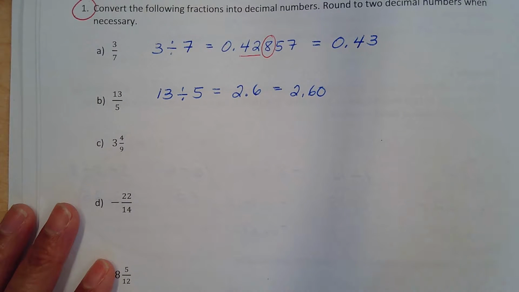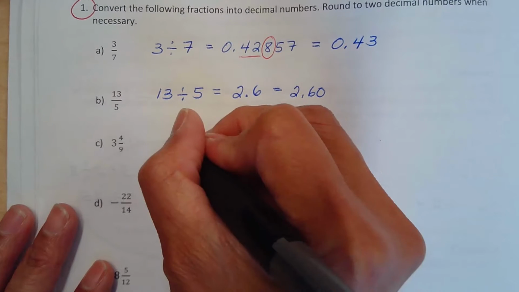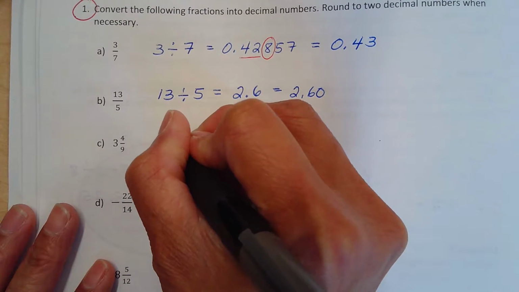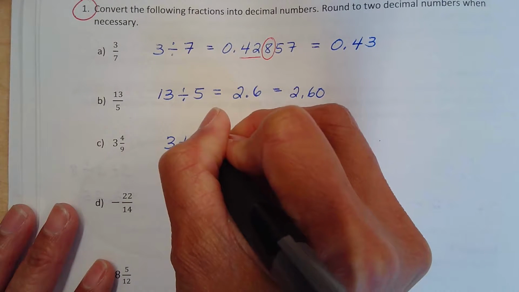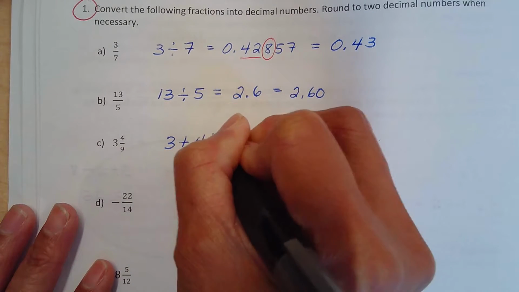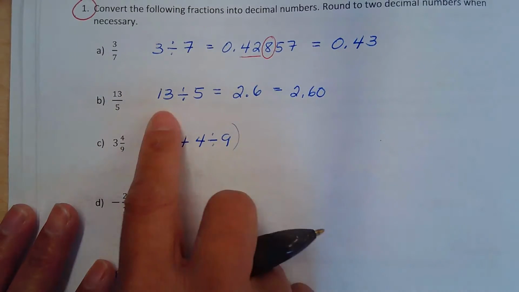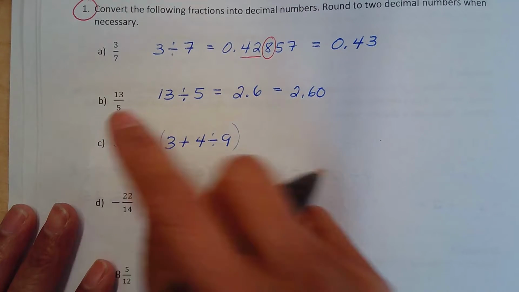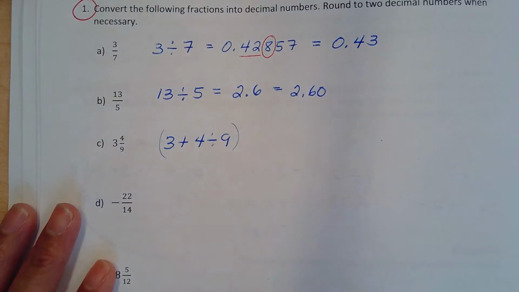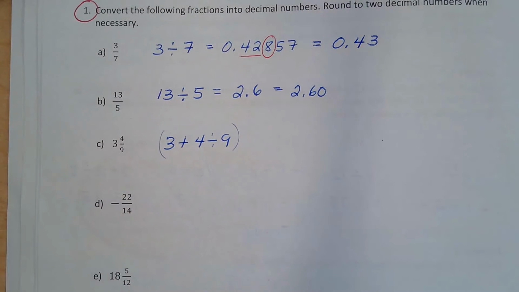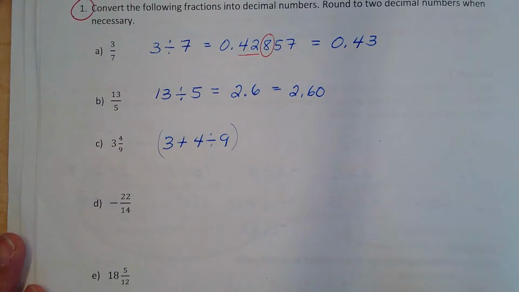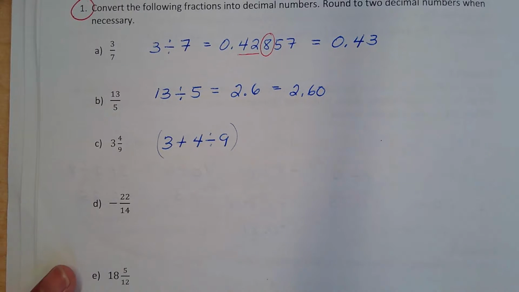Bracket 3 plus 4 divided by 9. If you put the brackets, you tell the calculator it's one whole thing, but because there's no other operation, you can just leave it.